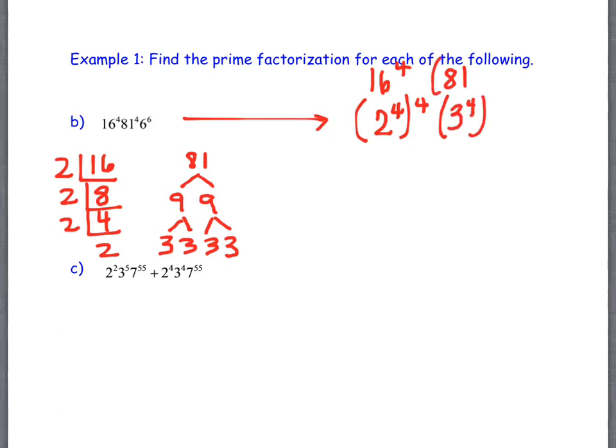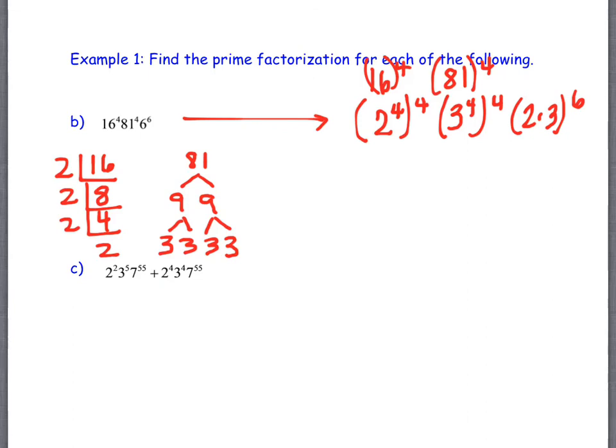But originally this was 81 to the 4th, right? So I've got 3 to the 4th, which came from the 81, and then I've got the other 4 because it was on the outside of the 81 to begin with, right here. Okay. How about 6? I'm not even going to bother to do a tree on that. What's 6? It's 2 times 3. And that's raised to the 6th power, right?